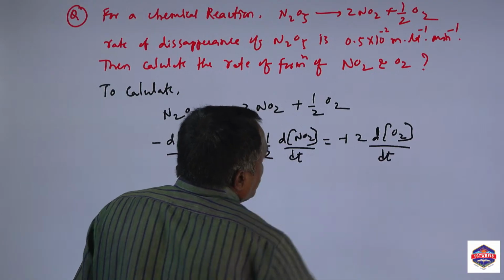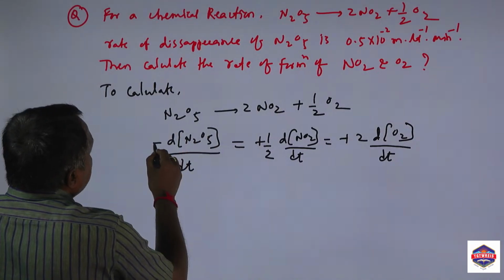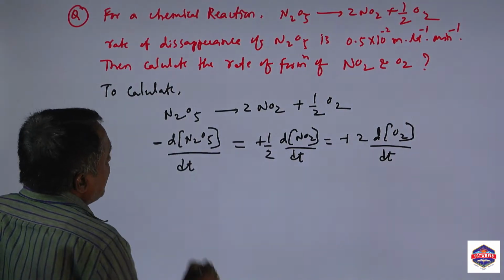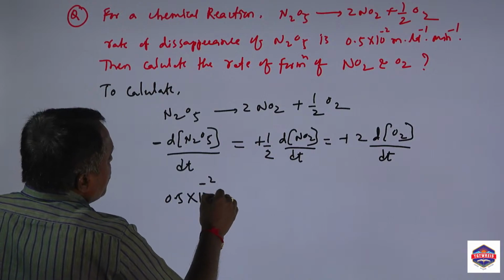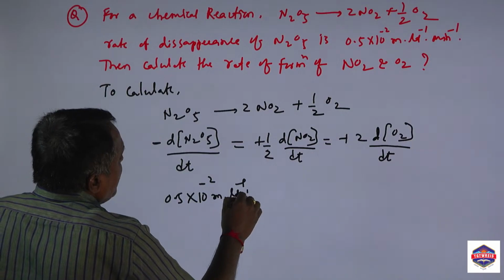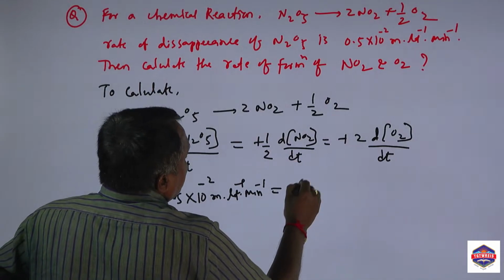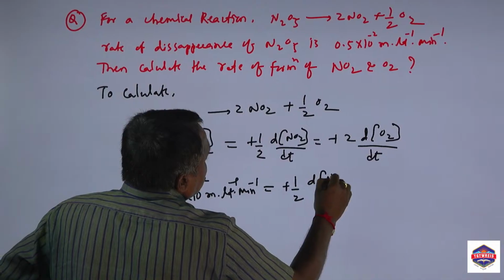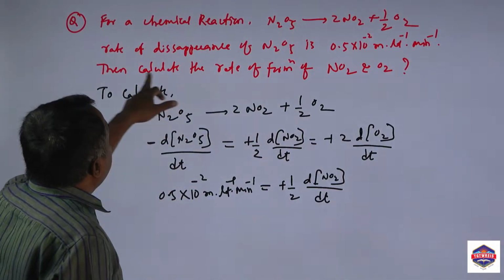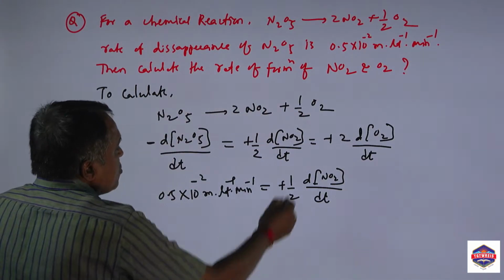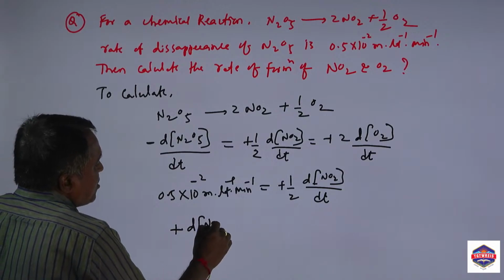This is the stoichiometric rate equalization, and negative dN2O5 by dt is given, equal to 0.5 into 10 to the power of minus 2 mole liter inverse minute inverse. How can we calculate 1 by 2 dNO2 by dt? We want only the rate of formation of NO2, which is plus dNO2 by dt.